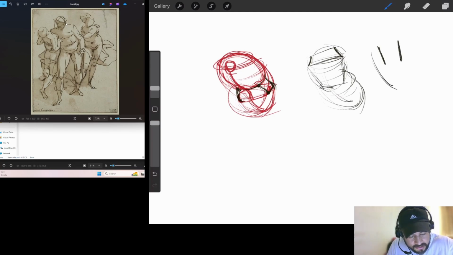You can give it some bend just to push the gesture and flow of the figure and make it not look so stiff. Now the head is laying that way.